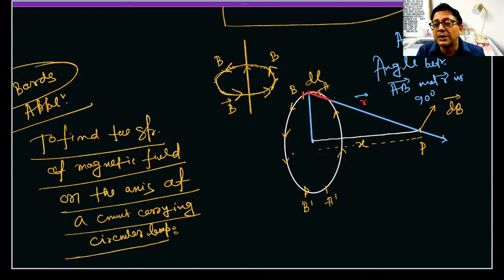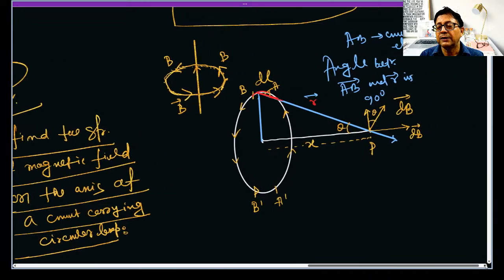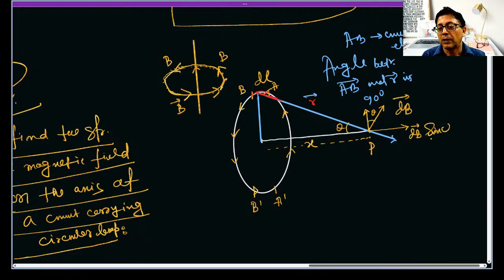Now this dB has two components. One component this way, the other component this way. If I have taken this angle theta, then this angle is also theta. So this component will be dB sin theta and this component will be dB cos theta. Magnitude of dB you take when writing components.